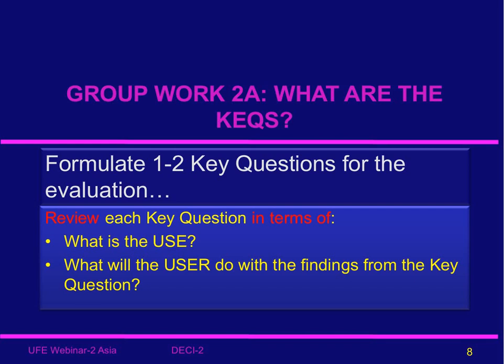Here the evaluator will work with the users to formulate one or two broad headline key questions. Ideally, the key questions should not exceed 4 in number, and for this exercise, we suggest formulating just 1 or 2 key evaluation questions.